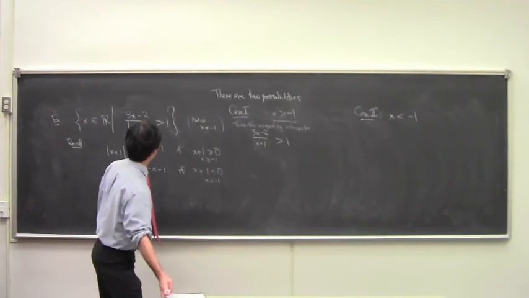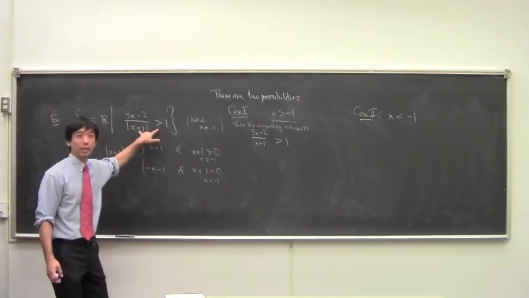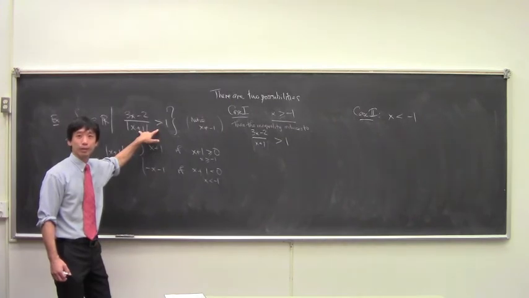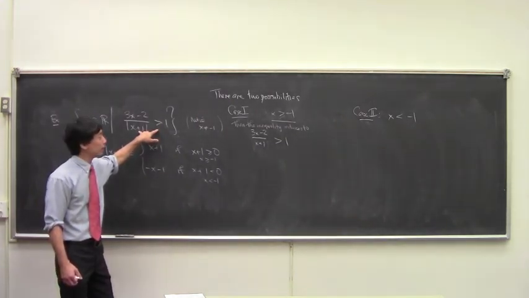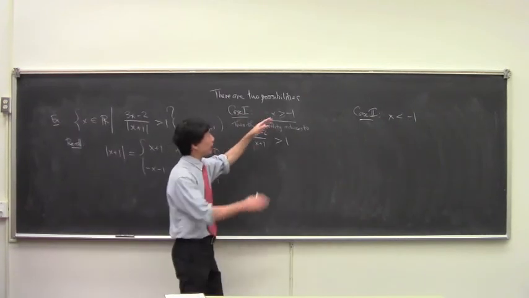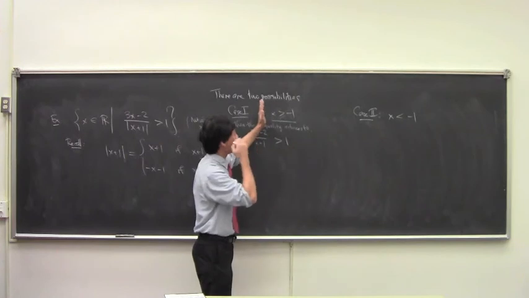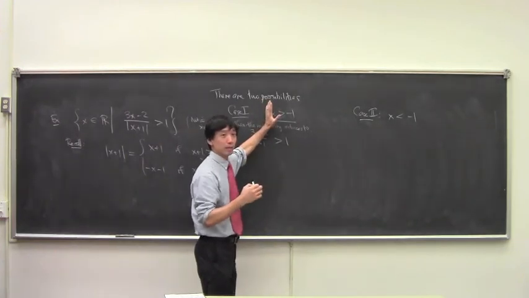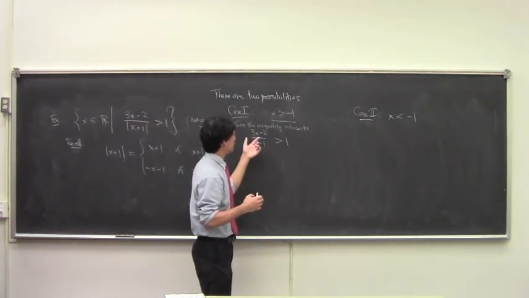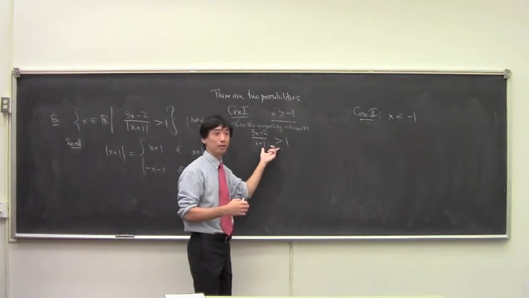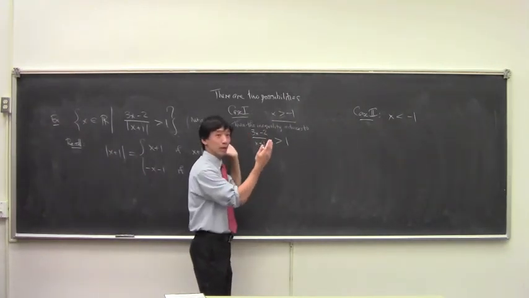So we're trying to look at this inequality and find out where it's true. We'll break our world into two parts. Right now, let's suppose that we're on the right side of -1. In that case, our inequality turns into this inequality, because the absolute values just pull off.